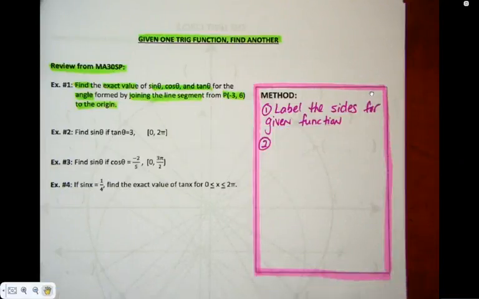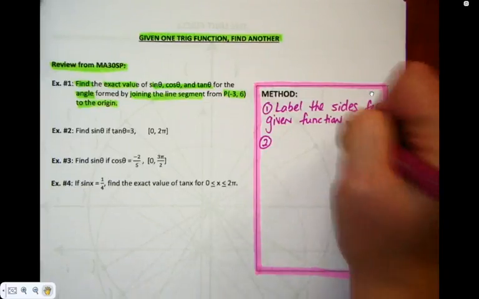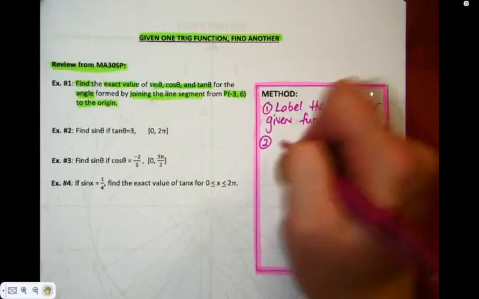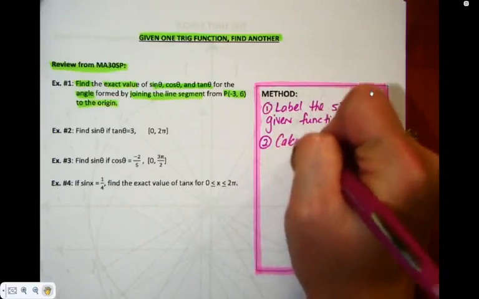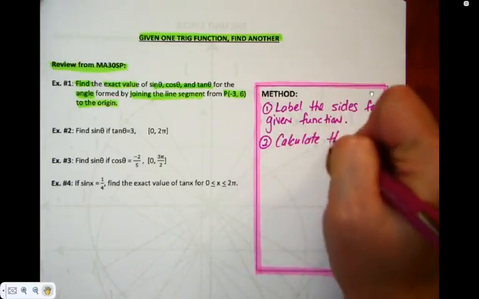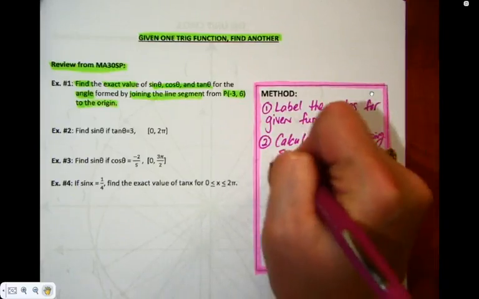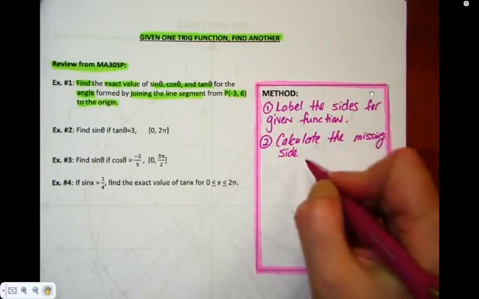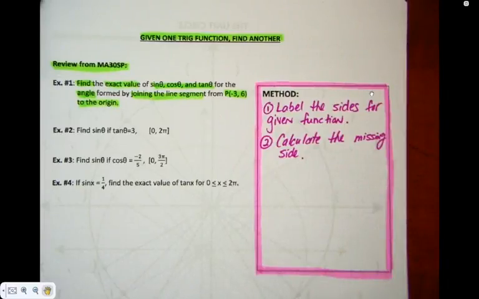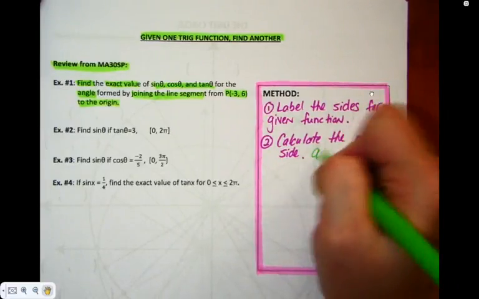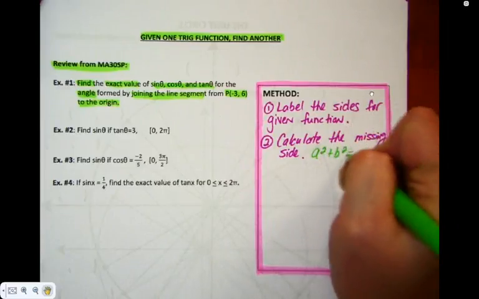Oh, thank you. Label the sides for the given function. Step number 2, calculate the missing side. And that's always going to be an a squared plus b squared equals c squared thing.